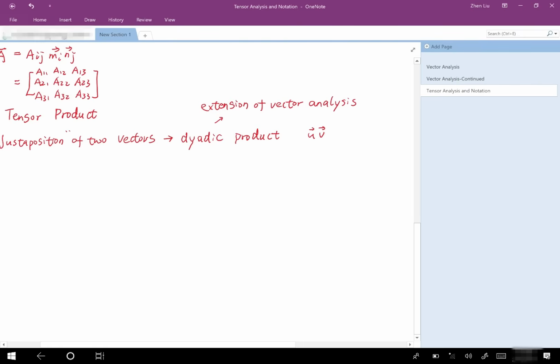So actually, the tensor product has a few other names. So here I want to differentiate the different names so that you don't get too confused. In linear algebra, so dyadic product, if we deal with tensors of any orders, then we will get tensor product.